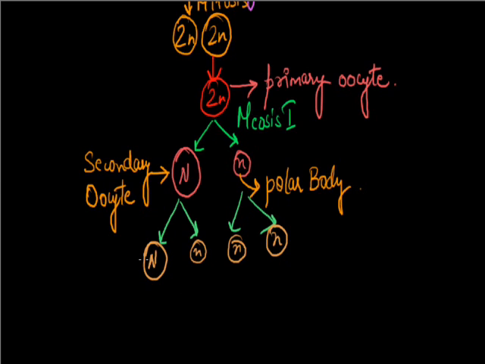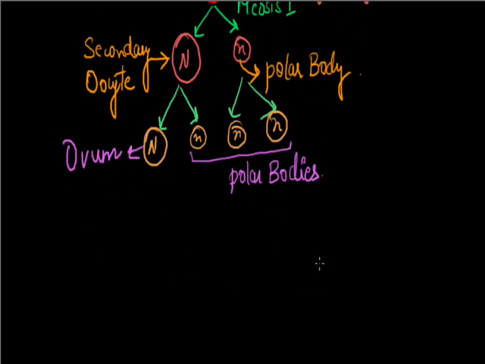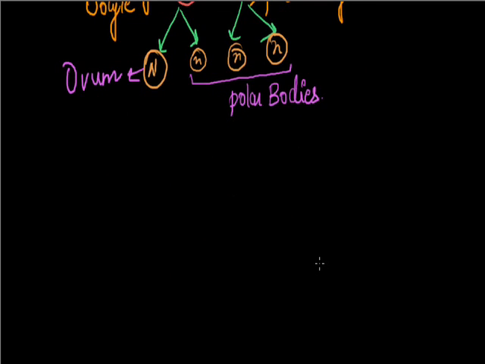The bigger one is called the ovum, which is n in number, and these three are the polar bodies, which will not form a mature ovum and will regress or degenerate. Now the mature ovum and sperm are formed.